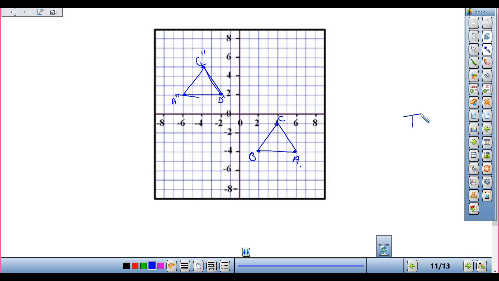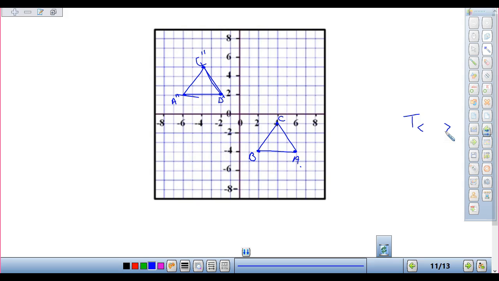You're saying it moved up? I think it moved left. Guys, you're going from ABC to A double prime, B double prime, C double prime.